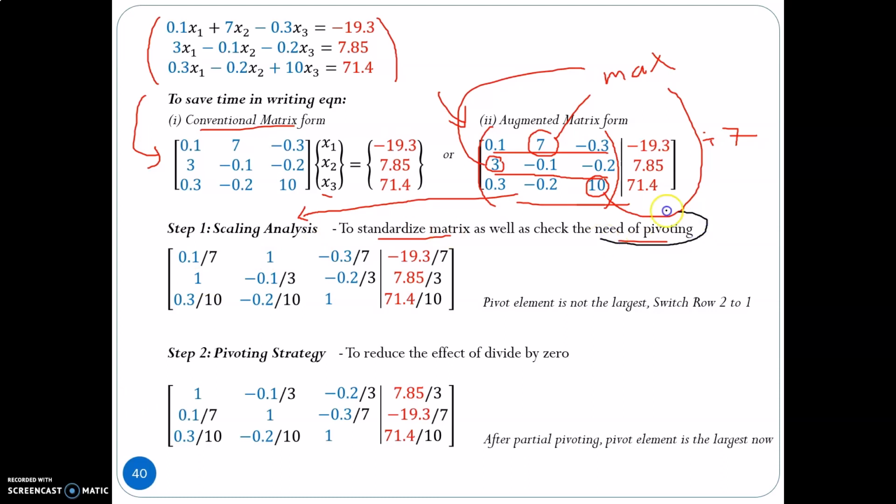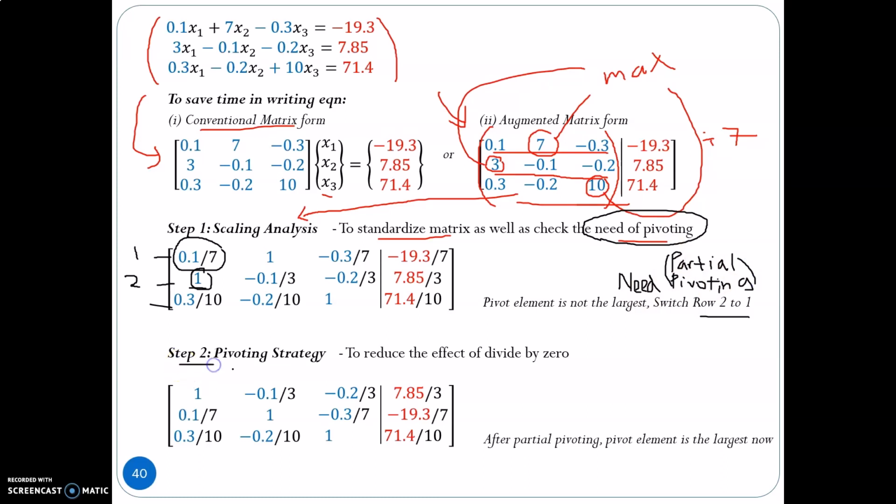To check the requirement of pivoting, we need to refer to the pivot element here and compare it to the other rows. We found that in the second row here, your element is the largest compared to the first row. Therefore, we need to switch row 2 to row 1. This means that we need partial pivoting here.